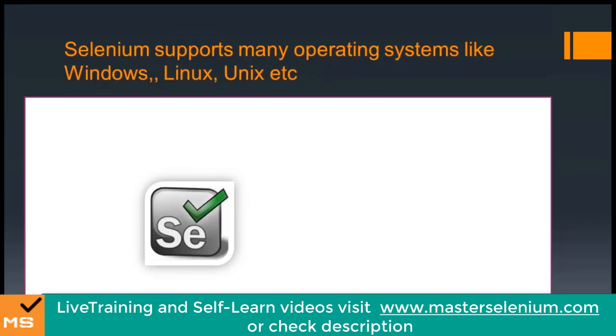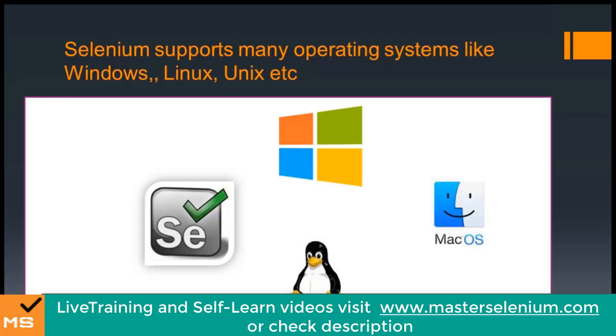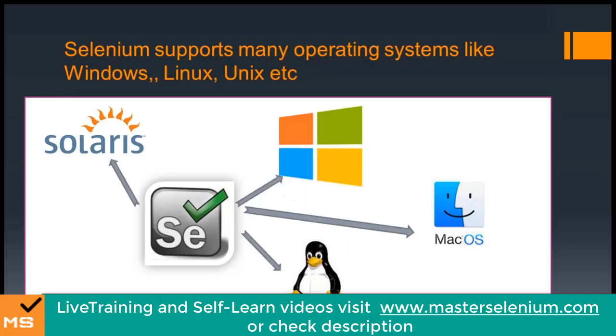Not only that, earlier QTP or UFT used to support only Windows operating systems. It's a major drawback, right? But now Selenium supports almost all major operating systems like Windows, Linux, Mac, Solaris, or any other operating system.